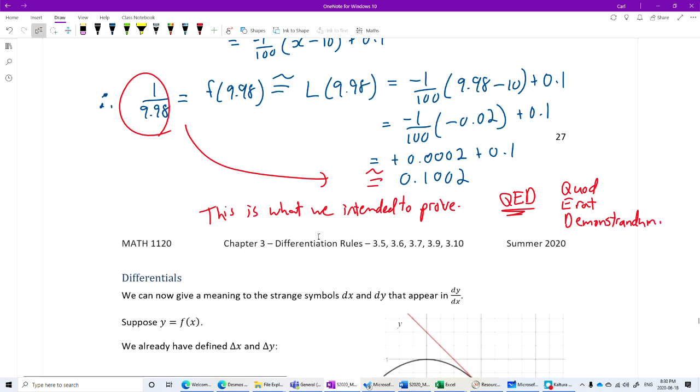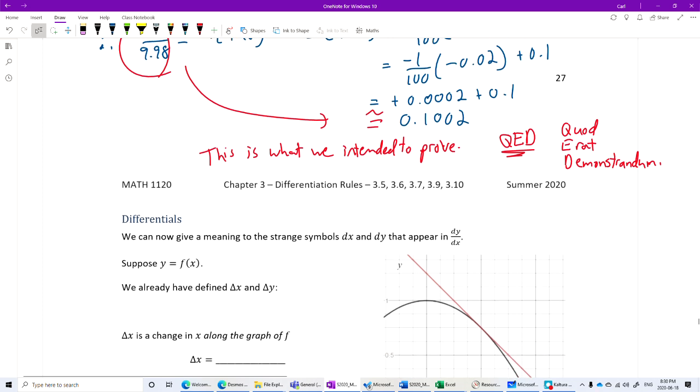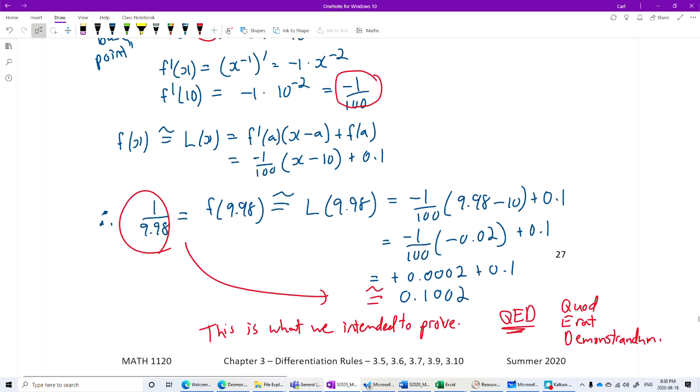All right, so linear approximation again has some practical importance for us, but mainly as a theory that underlies calculators and other technology.